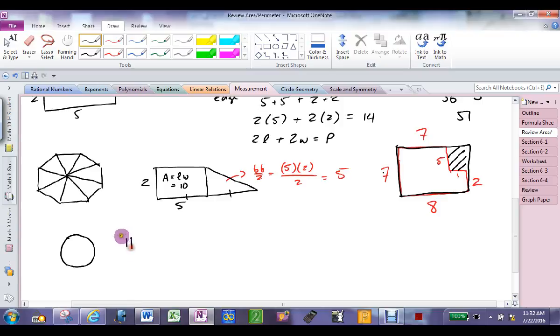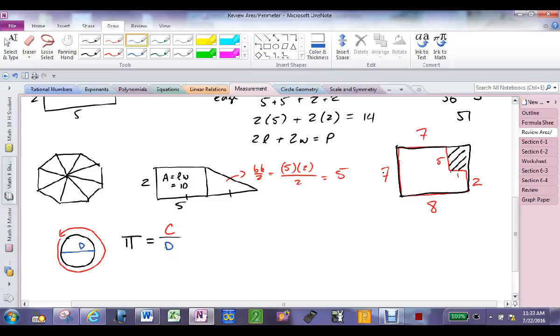Pi is the number you get when you take the circumference of a circle, and you divide it by the diameter. Okay?